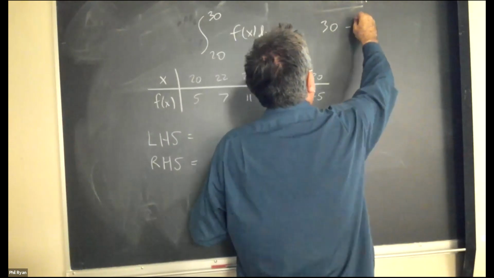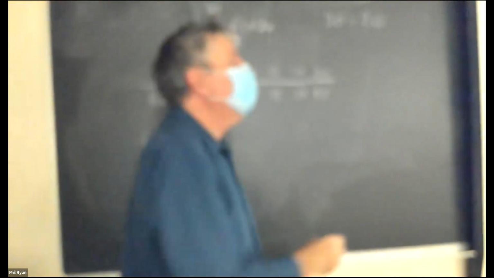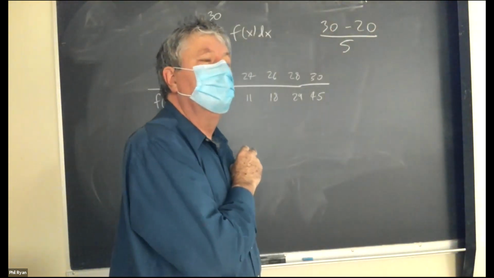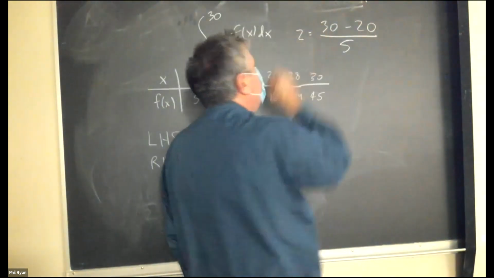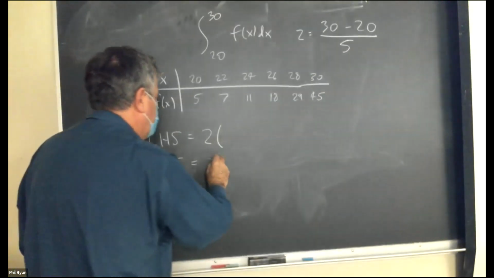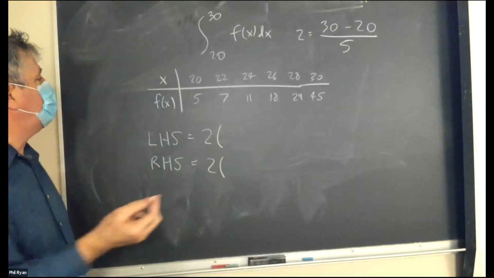Which number are we going to multiply things by? 2, yeah. The 2 is between here. So our interval is 30 to 20. We're going to use 5 rectangles. So the width of our rectangles is going to be 2 for both of them.